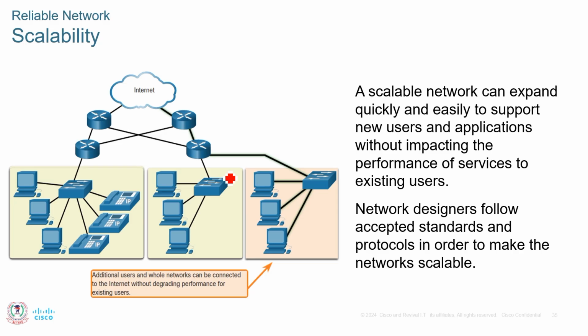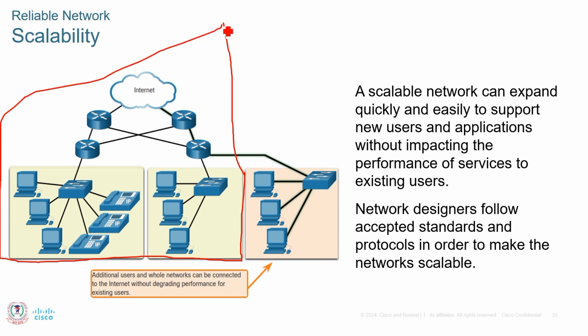So for you to have a reliable network, you must have scalability in your network in such a way that if you add a network, for example, if you see this is an old architecture of the previous design, and now the company requested another 3 nodes to be added.